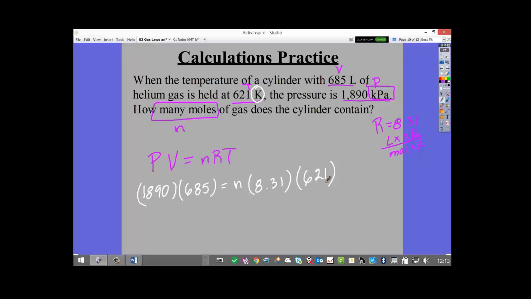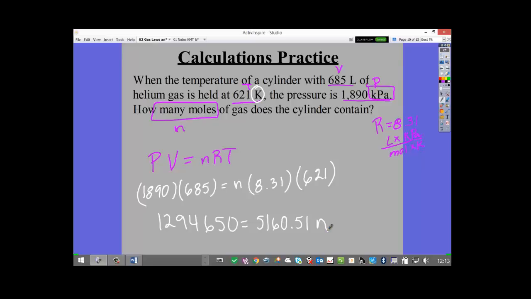So 1890 times 685, that's a big number, right? So you get 1,294,650 equals 8.31 times 621, which is 5160.51 n. So for n, all you do is divide both sides by 5,160.51.